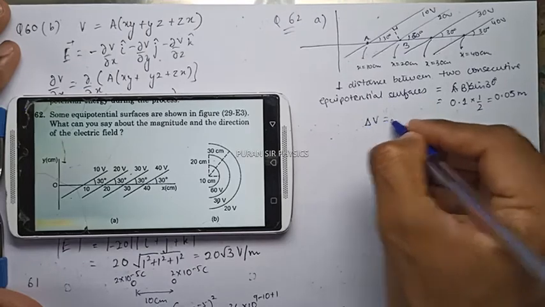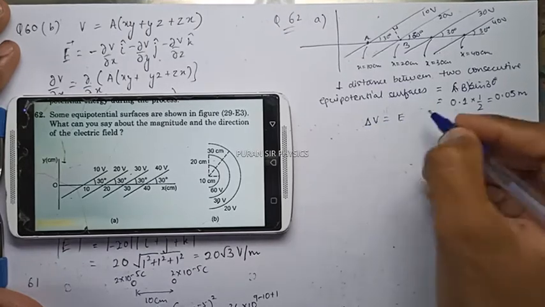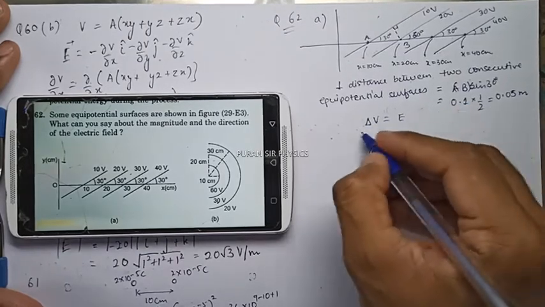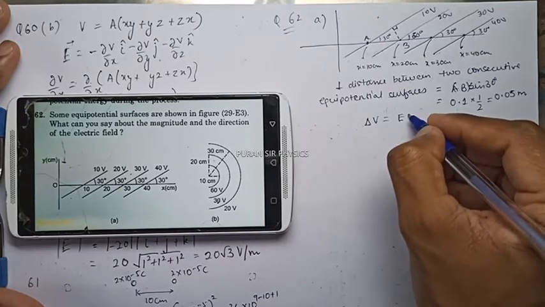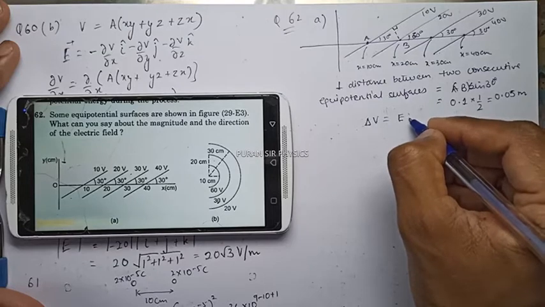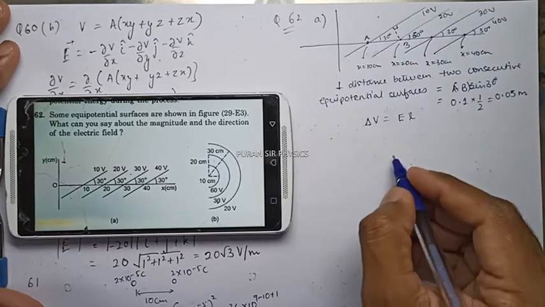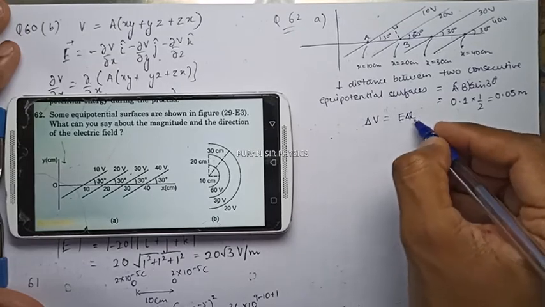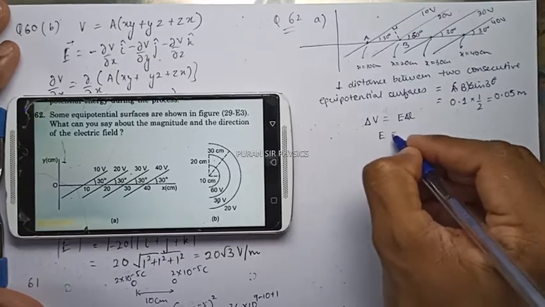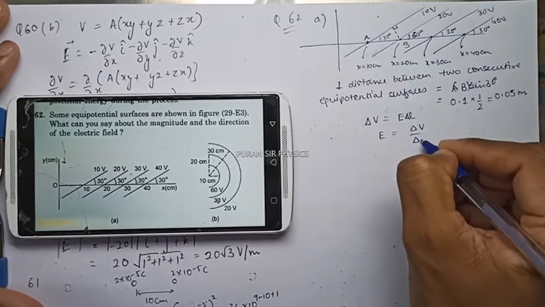So delta V equals to E into your distance, say distance delta L. So E comes out to be delta V by delta L.